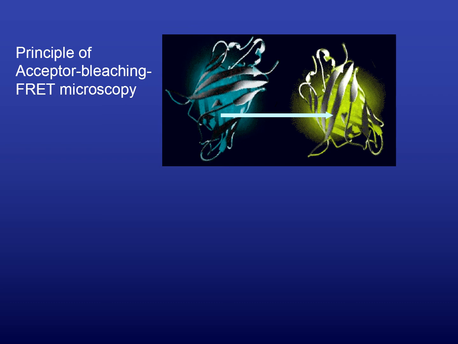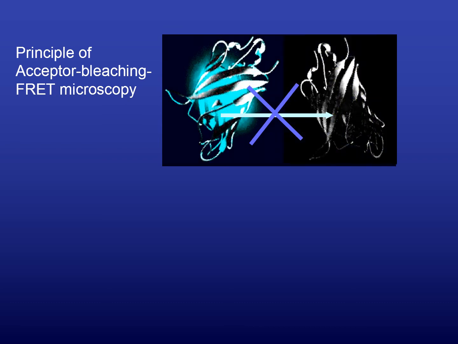So how do you get more confirmation that this is really Förster transfer going on? And so what many people did is the following trick. If you have such a situation as first shown, Förster transfer going on, and then you bleach the acceptor, that means you destroy the ability of the acceptor to accept the energy from the donor, then you would expect that you see an increase in brightness of the donor.